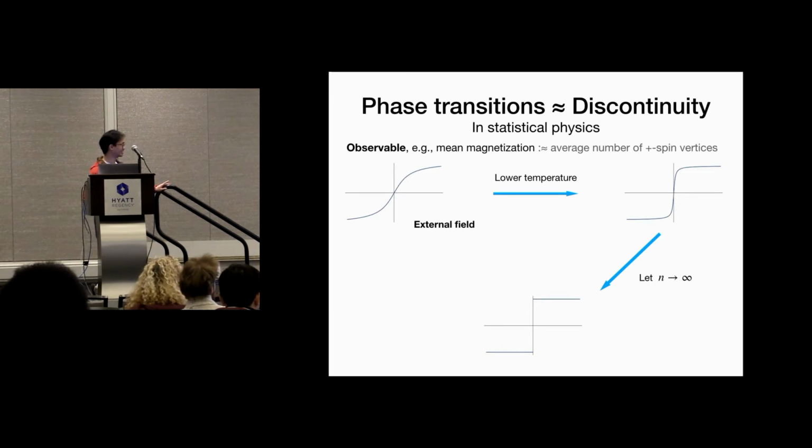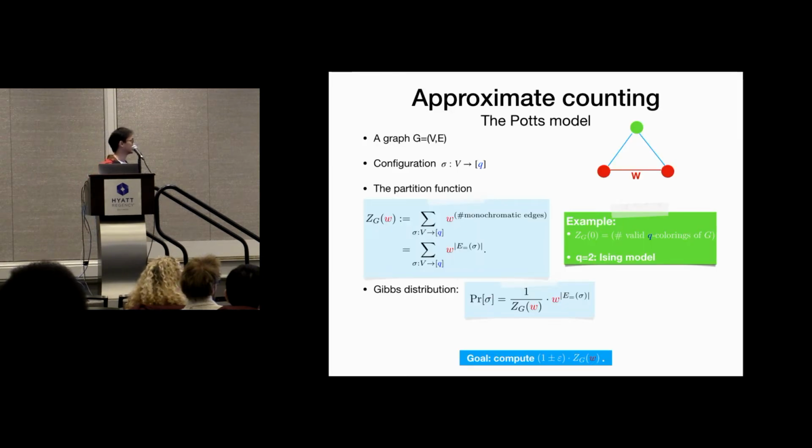But when you lower the temperature of the system, this transition gets sharper, and as you let the size of the system tend to infinity, it can become a discontinuity. To say this more precisely, let me define what's called a partition function.